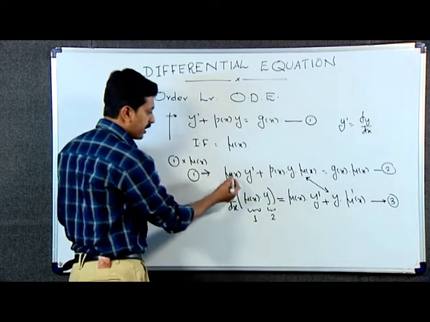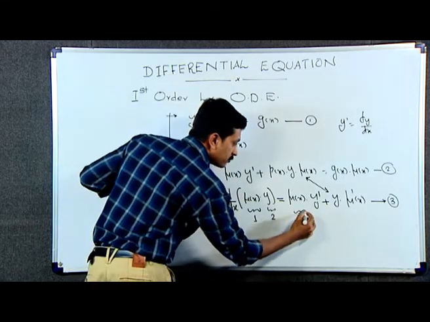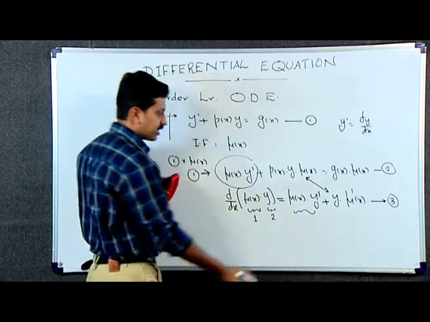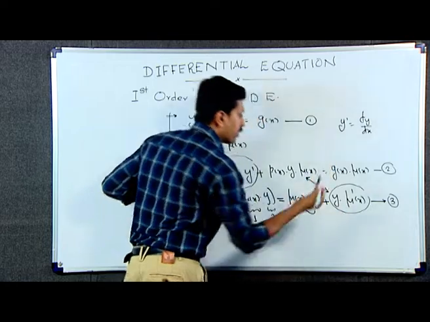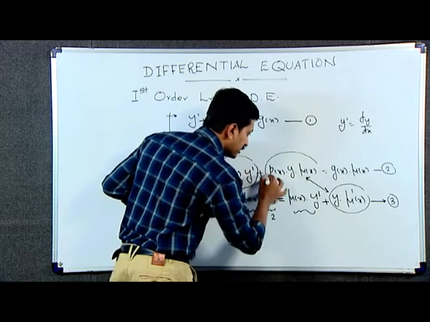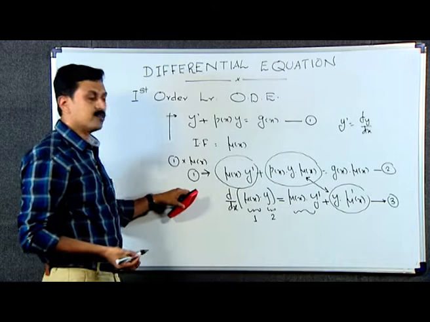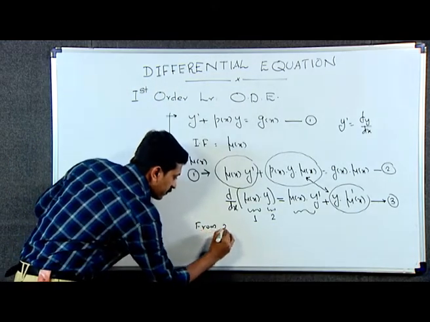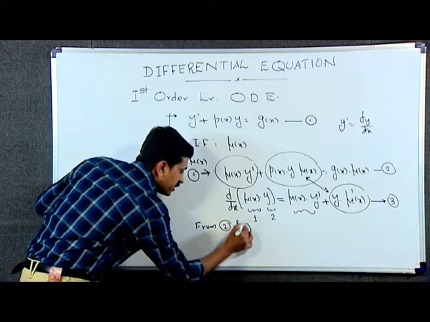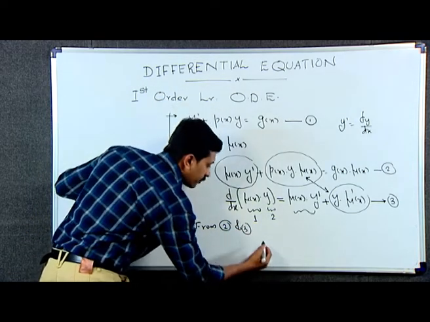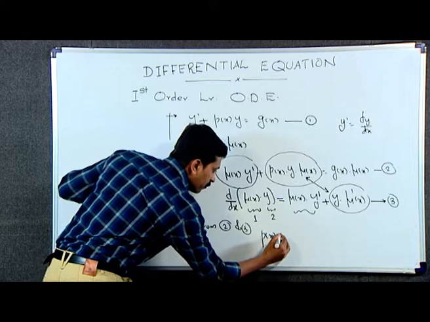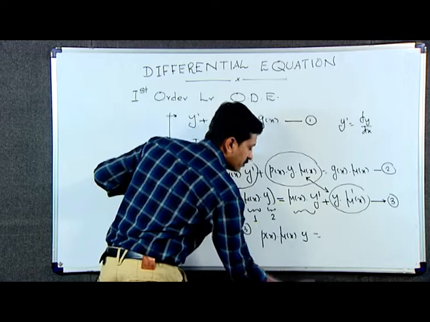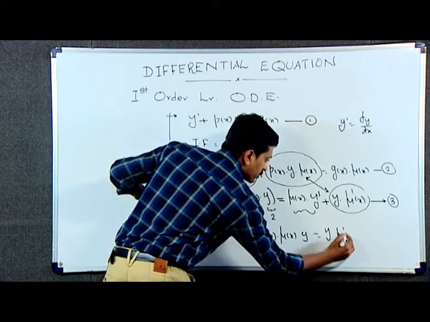By comparing these two, the first term is mu of x into y dash, and the second term is p of x into y into mu of x on one side and y into mu dash of x on the other. So from equations 2 and 3, we get p of x into mu of x into y is equal to y into mu dash of x.